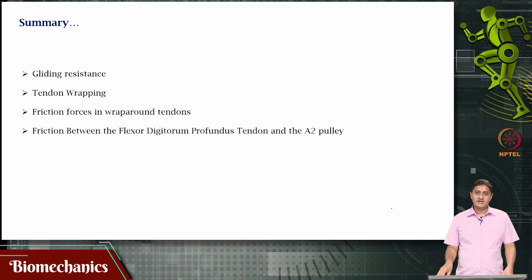Using a small derivation we found the friction forces in wraparound tendons, and the friction between the flexor digitorum profundus tendon and the A2 pulley, estimated experimentally using cadaver tendons.